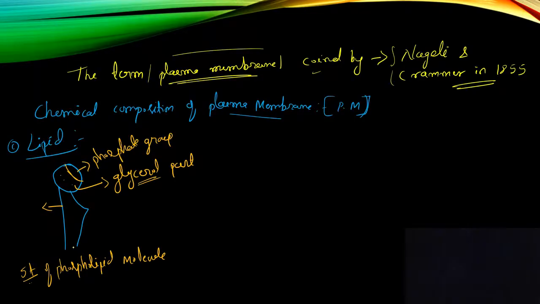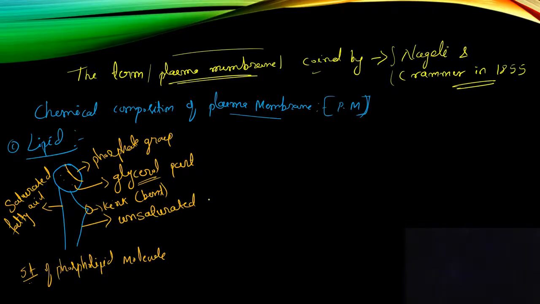This straight chain indicates that it is a saturated fatty acid, and here this is a kink. Kink means what? Bend. This bending indicates an unsaturated fatty acid. Okay. Now let me clear this one first.